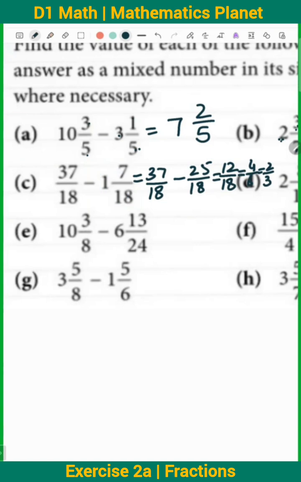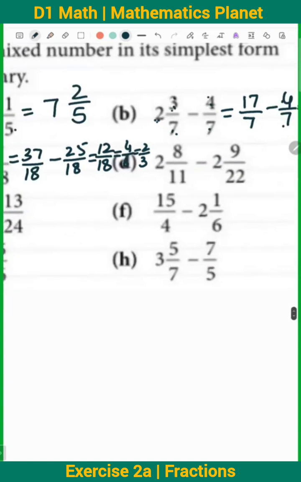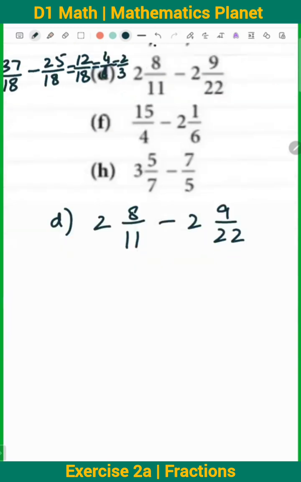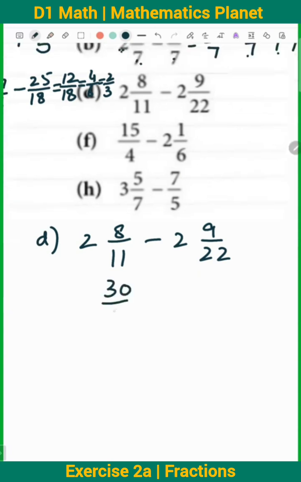Yes, ma'am. Okay, D part. I'm going to do D part over here because the space is very less. 2 whole 8 by 11 minus 2 whole 9 by 22. Now what is going to happen? Miss, we can write 30 by 11 minus 53 by 22. Miss, how did you get 30 by 11?